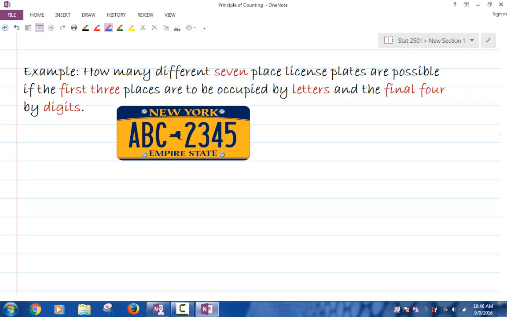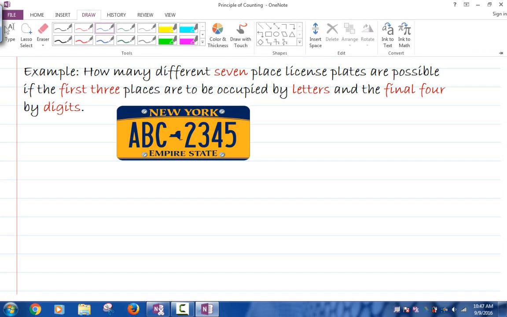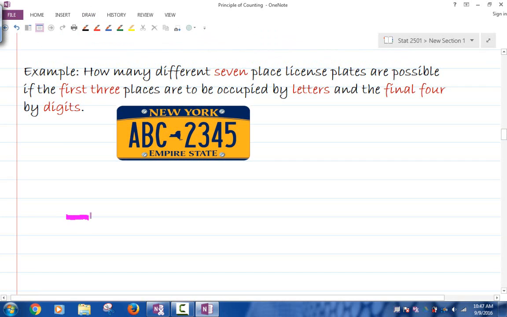Okay, what's the answer? 17 million. All right, let's just say it in terms of the factors. The way you want to think about it, you have 7 places: the first place, the second, the third, 4th, 5th, 6th, and 7th.